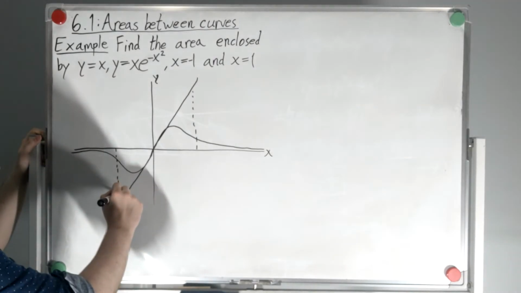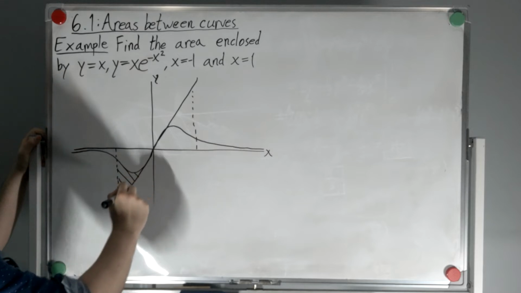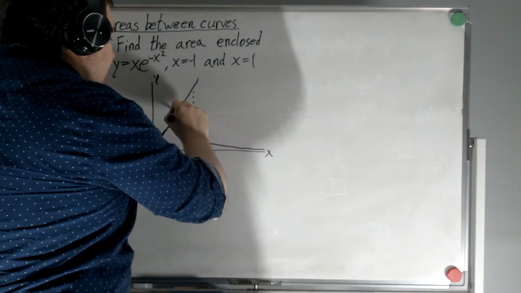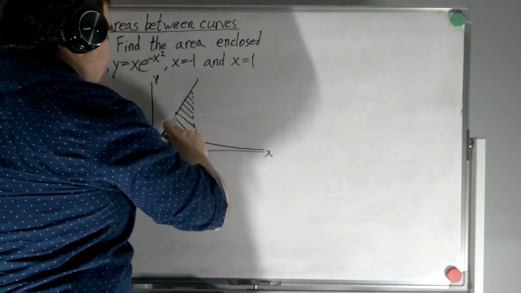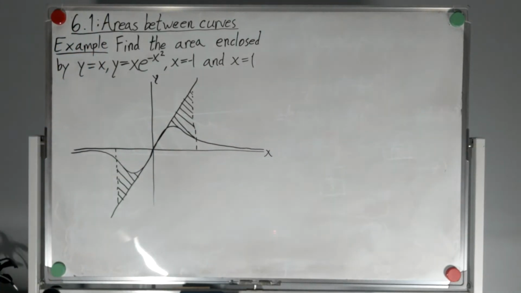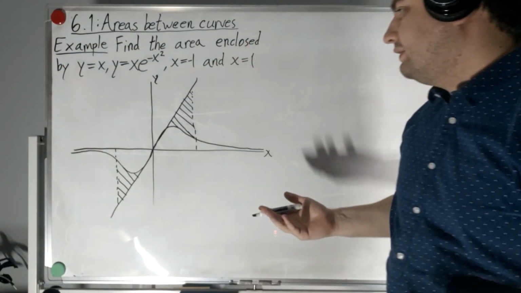So the region looks like we have this part, but then we also have this other part. Okay? So again, we'd like to just say upper minus lower, but we have a little bit of a problem there, because which one is upper and which one is lower?